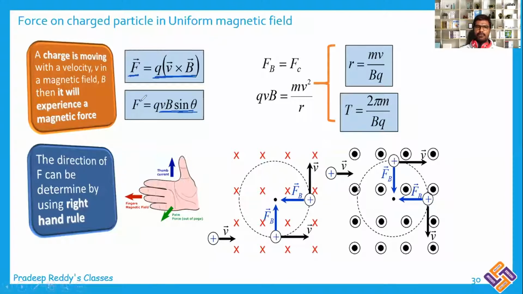And what does this force do? This force makes the charged particle move in a circular path. Therefore, this force acts as centripetal force, and I can write qvB sin theta equal to the centripetal force.